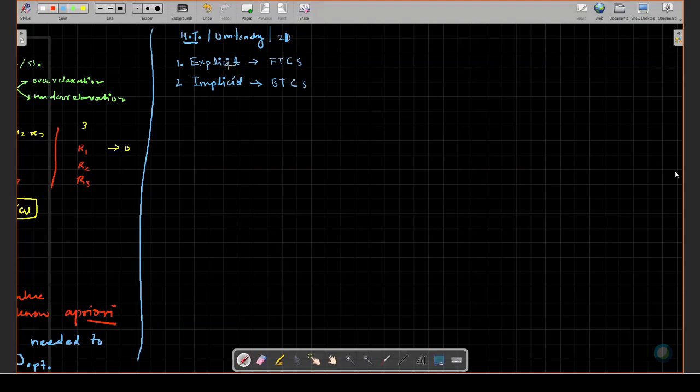Now, in case of explicit and implicit, the difference is explicit needs no simultaneous equations to be solved. Okay. However, in case of implicit, simultaneous equations need to be solved.